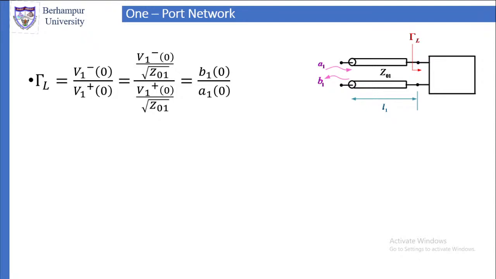In the numerator and denominator, divide by root over of Z01. Then gamma L is equal to B1 by A1. So for a one-port network, gamma L is equal to B1 by A1.